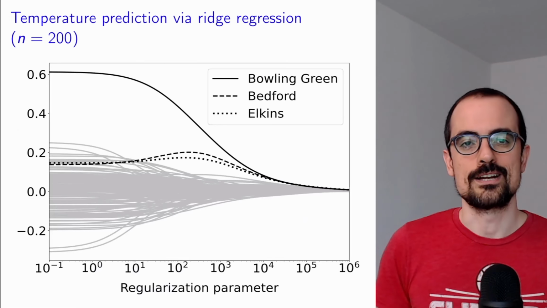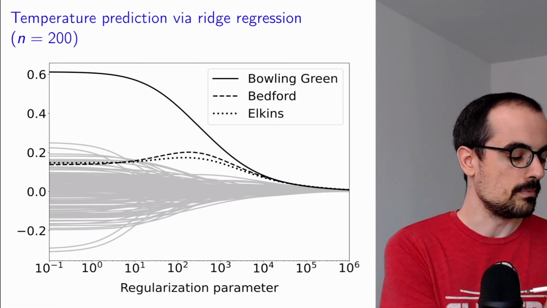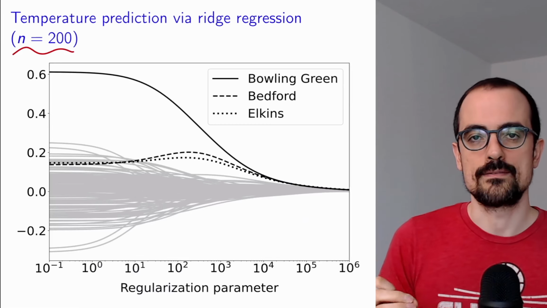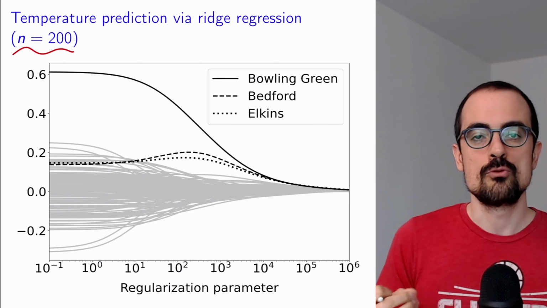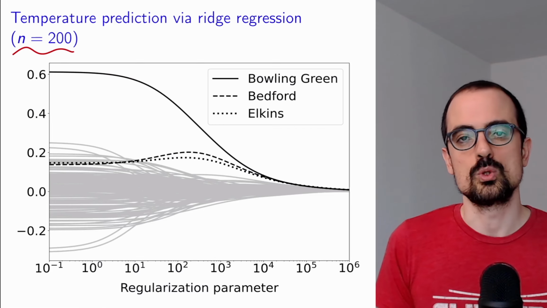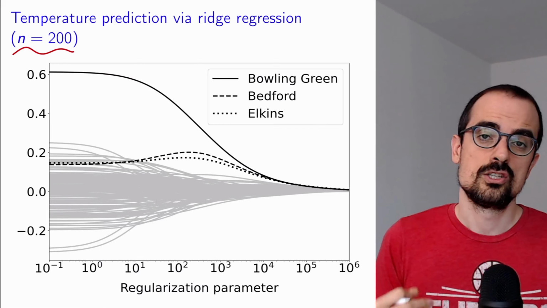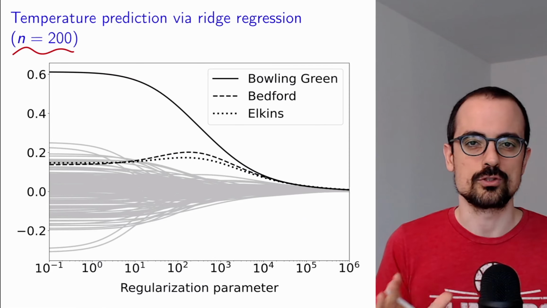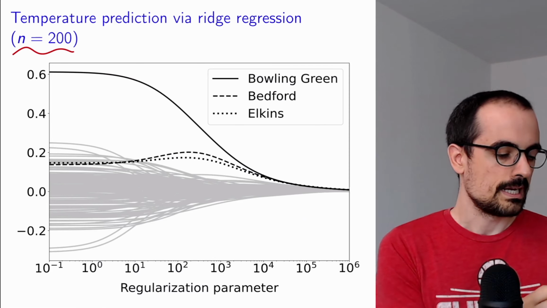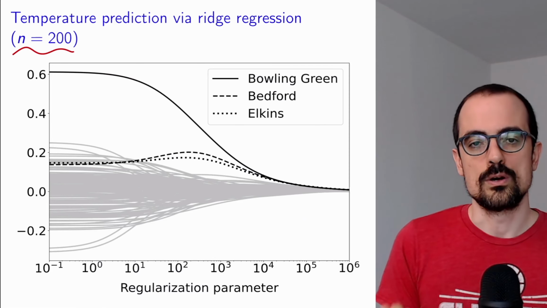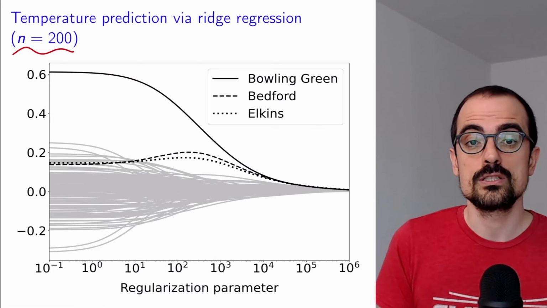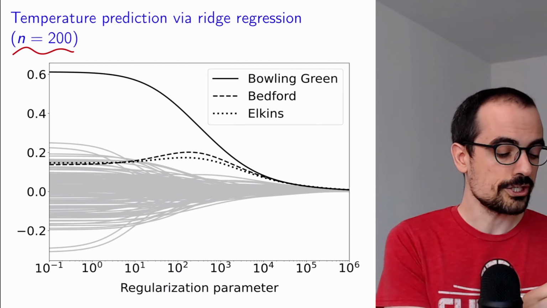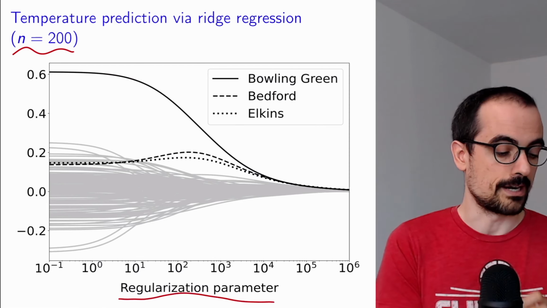Let's take a look in our example. Here I'm looking at a situation where I have 200 data points. Remember that the number of features is equal to 133. So we're in the small data regime. We don't have a lot of training data. And here I'm showing you the 133 coefficients of a model fit via ridge regression for different values of the regularization parameter.